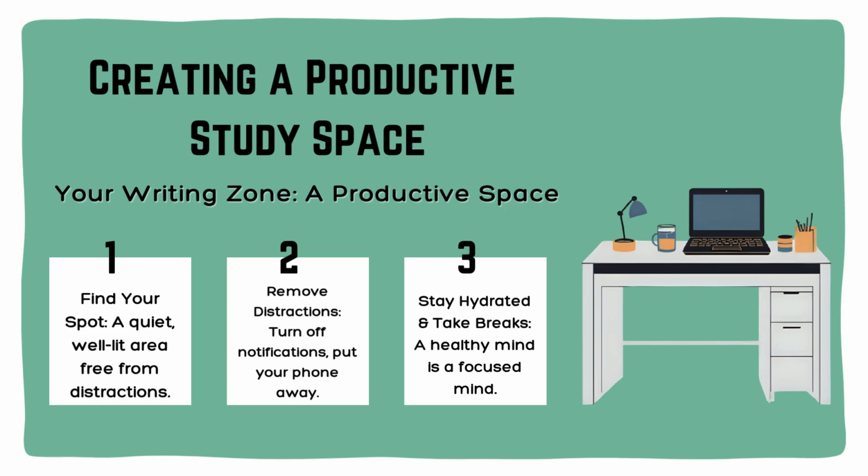Turn off phone notifications, close unnecessary tabs on your computer, and let family members know you need some uninterrupted time. And remember to stay hydrated and take breaks. Your brain works best when it's well fueled and rested. A 5-minute break to stretch or grab a glass of water can do wonders for your focus.